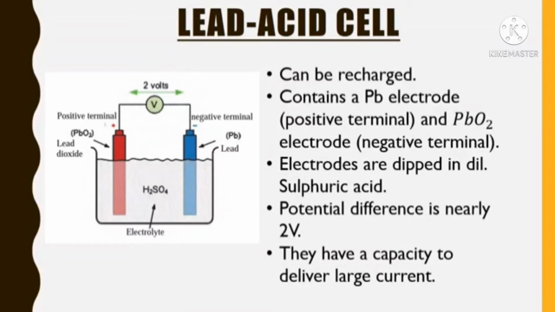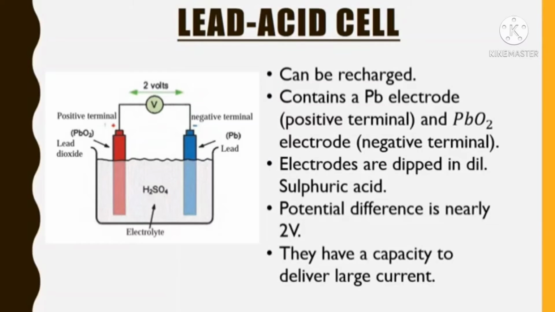It contains a Pb electrode. The positive terminal is called the lead oxide electrode, and the other is the negative terminal. The electrodes are dipped in dilute sulfuric acid. The potential difference is nearly 2 volt. They have a capacity to deliver large current.